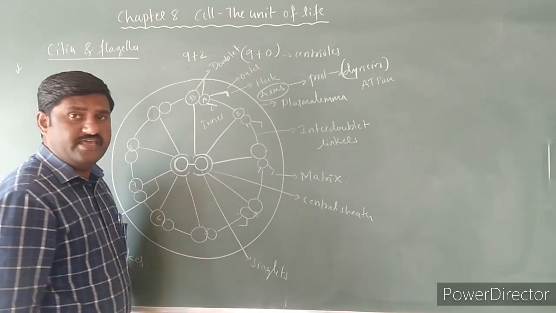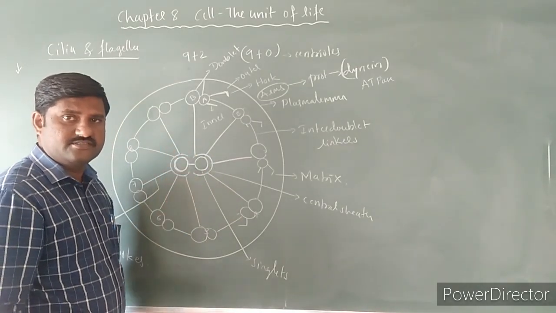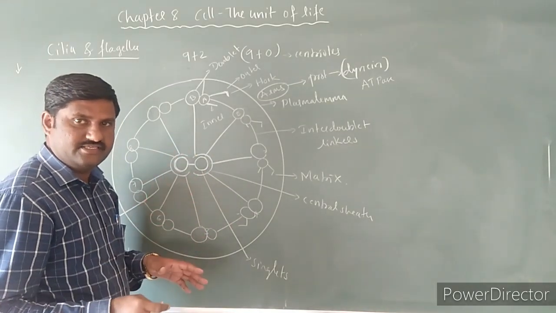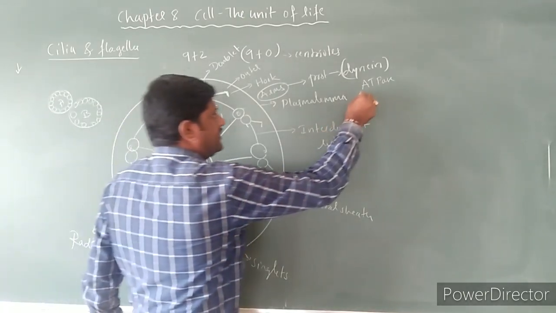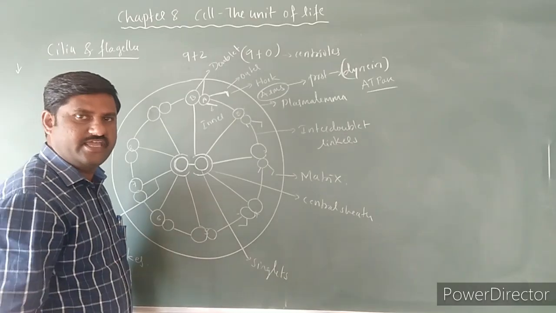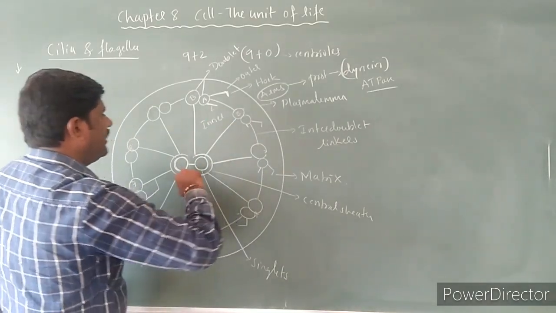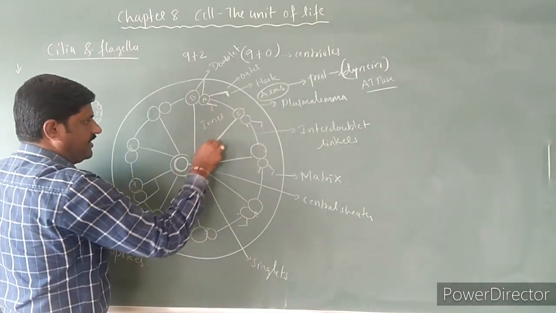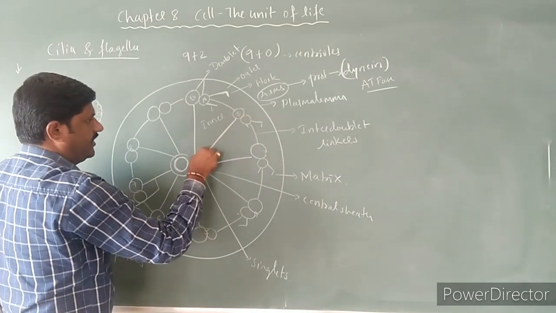There is a need of energy for the movement of these flagella as well, but the enzyme won't help in formation of the ATPs itself. And one more thing, these are the radial spokes that we come across here.